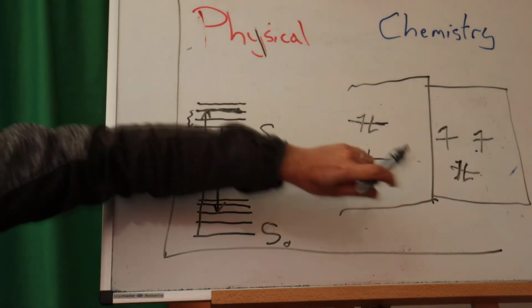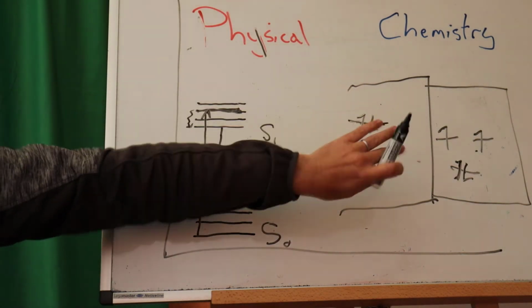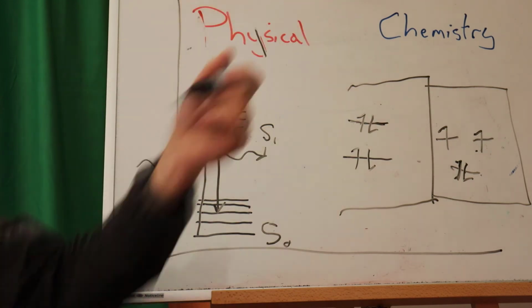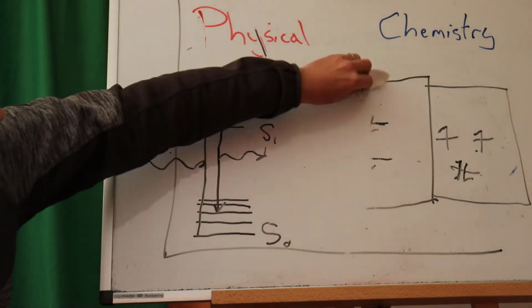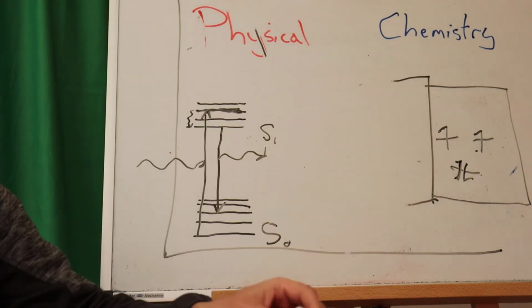If we flip an electron over, so this one, and flip the spin over, that transitions to another state, which is called the triplet state, because quantum mechanics is weird. It has three possible energy states in a magnetic field. Let me rub a little bit of this out so I can do it.